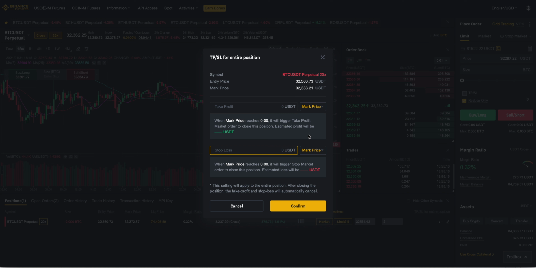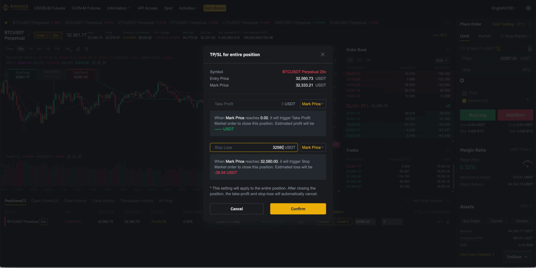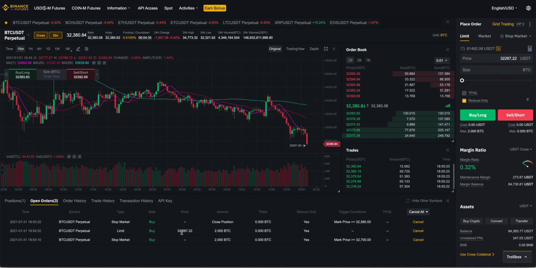My entry is this, a very tight stop loss. Okay, so you can see the orders are exactly the same, the first and the third. This is basically better because it has a different condition, close position as amount, which is better of course, but this works the same.